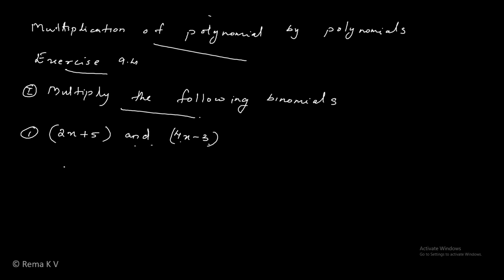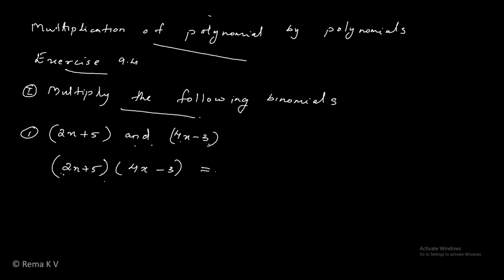See here in this one, 2x plus 5 into 4x minus 3. We have to find out this product. And you know that in the first bracket, two terms are there. First one is 2x and the second one is plus 5.